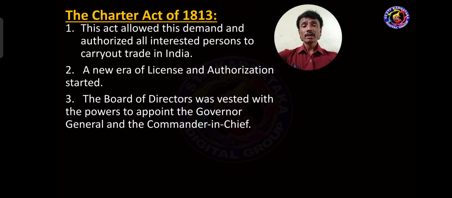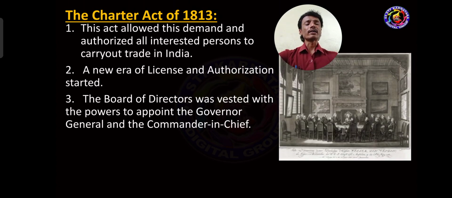At present, the Indian Army, Navy and Air Force have the president as commander in chief, and under the Charter Act of 1813 they also had the power to appoint the governor. So the board of directors decided and appointed the commander in chief for the Army, Navy and Air Force, and even decided the governor general.